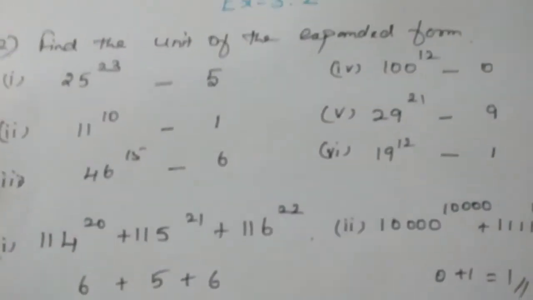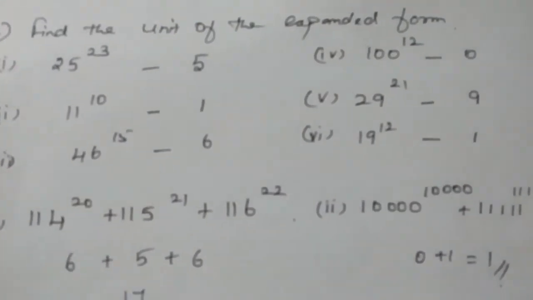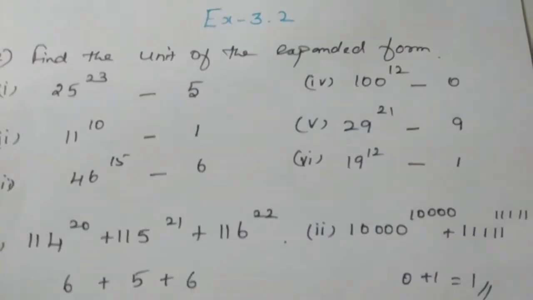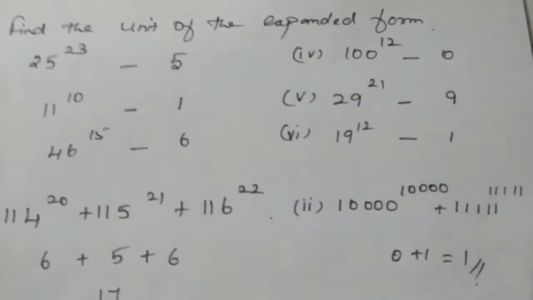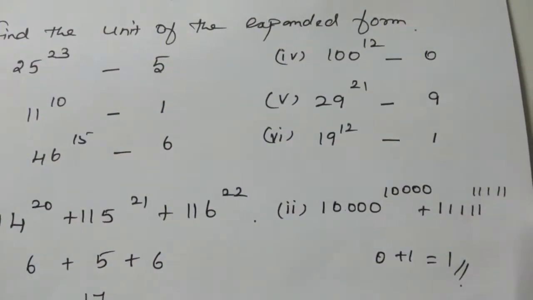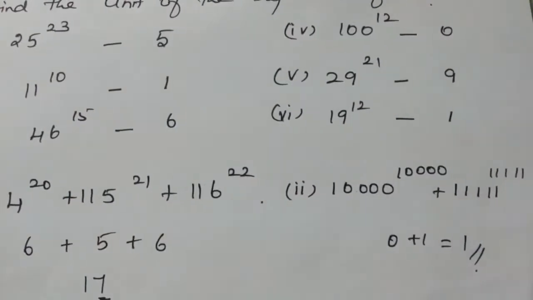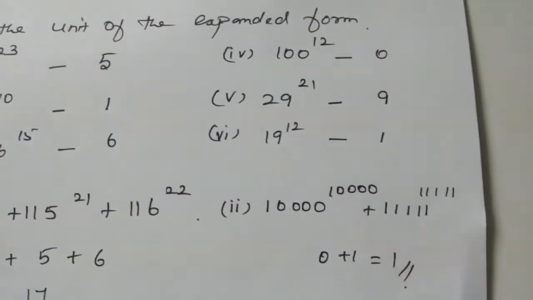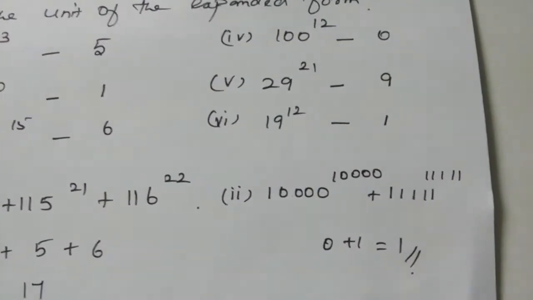For 6 also the answer will be 6 only. So remember that for 1, 5, 6, 0, we get the same values. We need not think, we can just write it as it is. Whatever the power is, the unit place will have the same value. Is it clear? For example, 100 power 12, the unit place is 0, so the answer is 0.